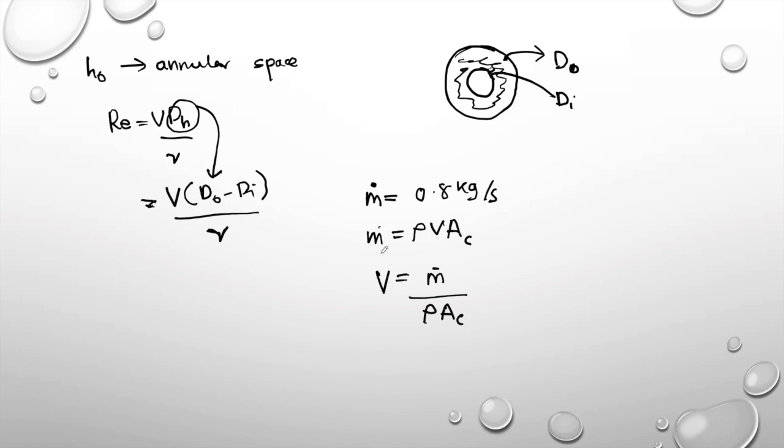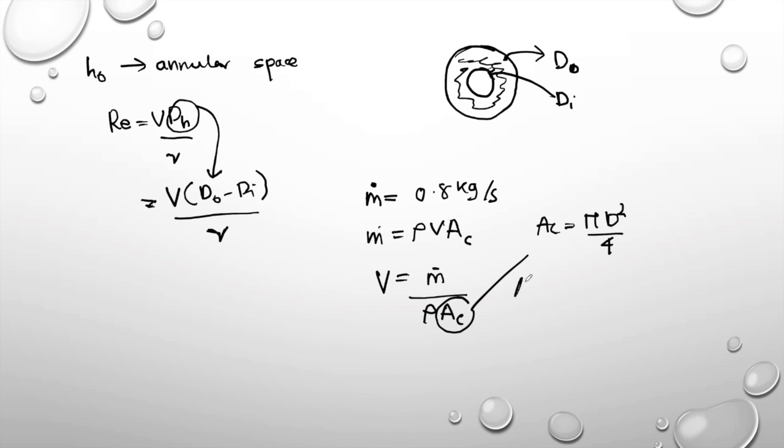Here we have a little bit of a difference from the previous equation. A_c is pi d squared over 4, but now we have an annular space. So you have to subtract the smaller cross-sectional area from the bigger cross-sectional area to get the cross-sectional area of the annular space.